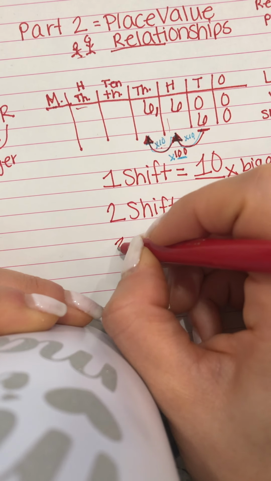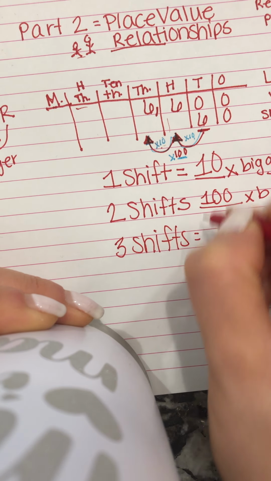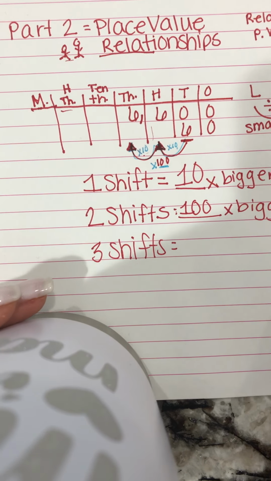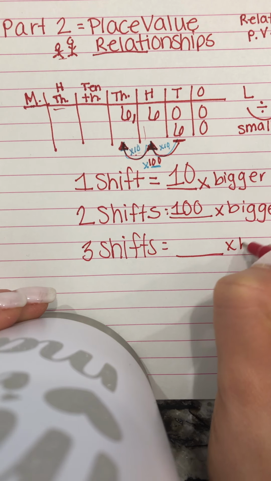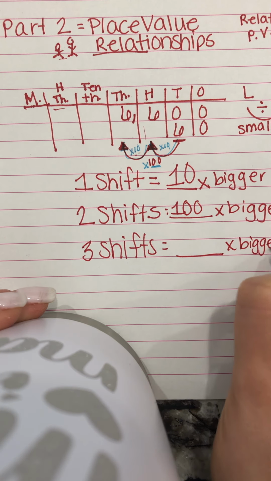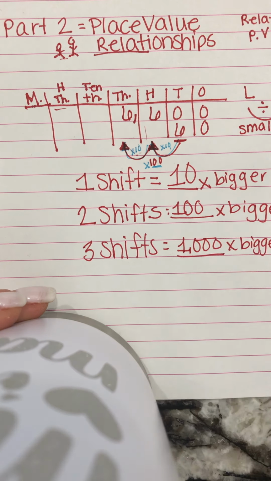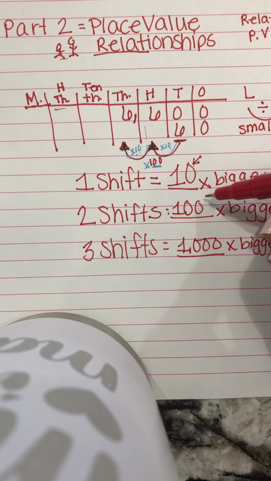And then let's see if we can follow this pattern. If we're doing 3 shifts, 1 shift times 10, 2 shifts times 100, 3 shifts, I hope we all see the pattern here. It's gonna be 1,000 times. So here I see 1 zero I would affix.